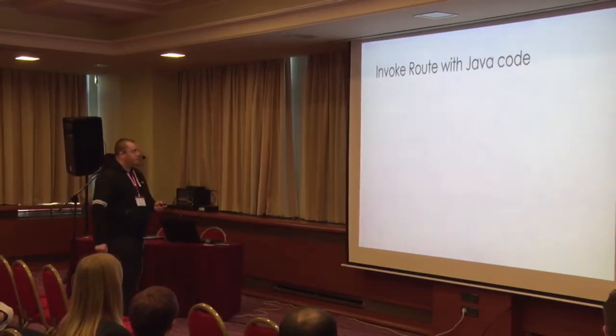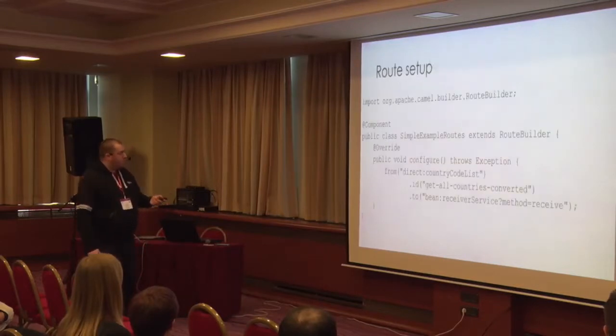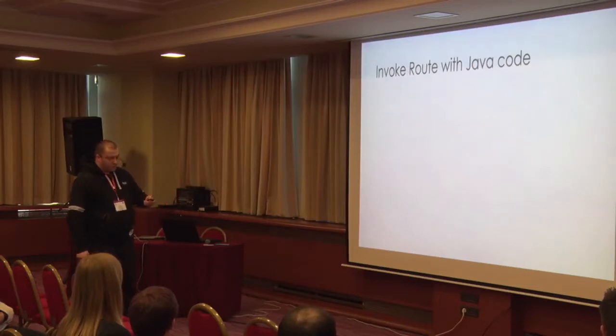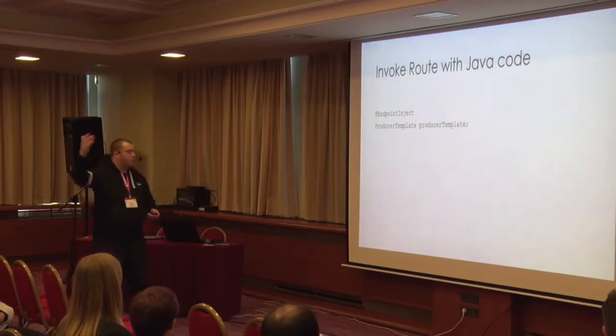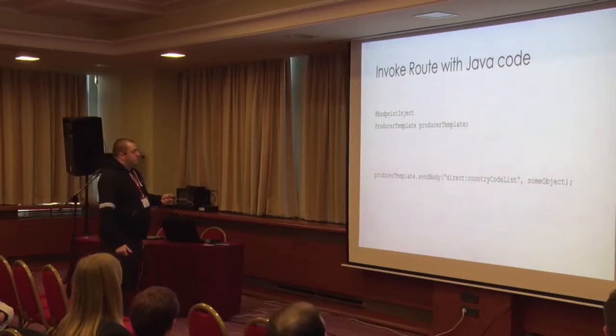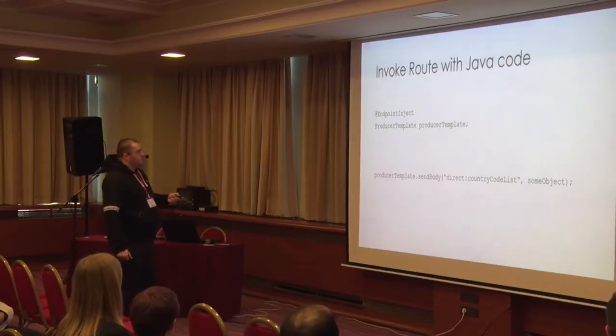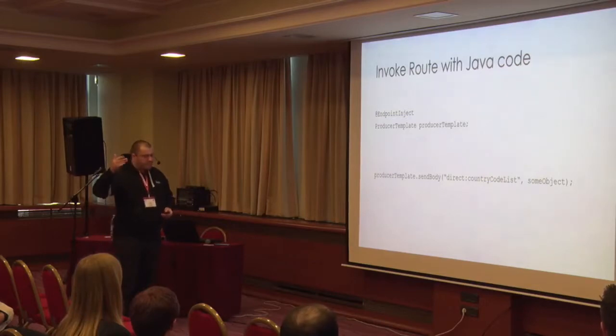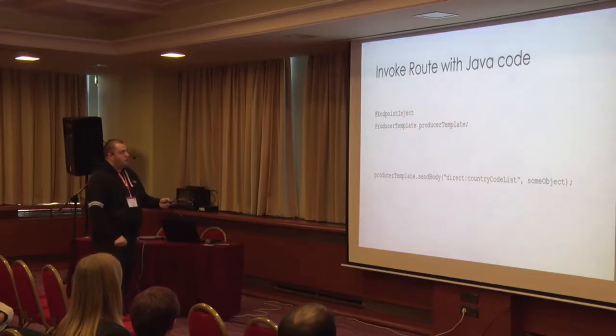So this, of course, is most important: as I mentioned, you have this route definition where its entry point is. So how can you call that entry point? Of course, you can call it directly from certain classes in Java code. In the case of Spring Boot, you just need to inject this endpoint, and there's a Spring Boot starter for Camel that will set up everything you need, and you just need this class, this bean, and you just use this method.